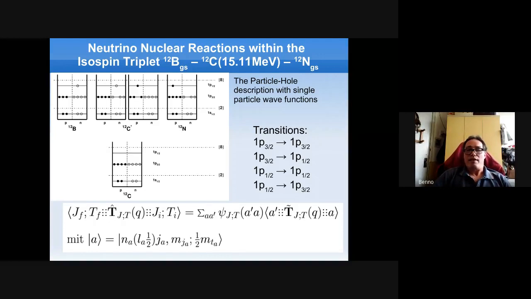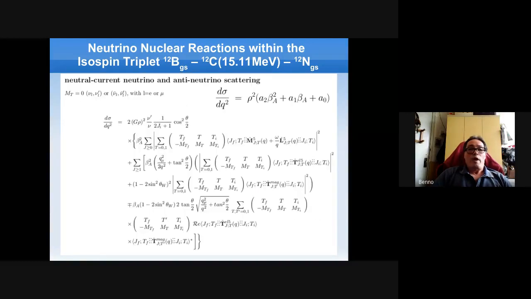And so these 4 excitations have to be taken into account. When we do the calculus, we end up with this formula for the cross-section of this reaction. This can be simplified, so it is somehow a polynomial of second order in the axial vector coupling constant, with real parameters.